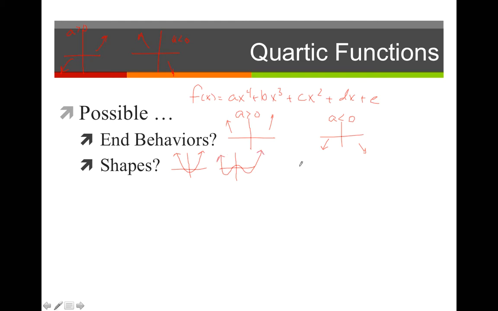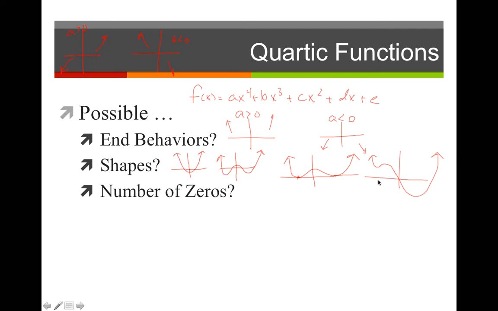We could make it look like a W. We could make it bounce off the x-axis, which is going to come in handy. But that's actually about it. There's really not much else we can do. I can make it so one is here and the other one is way down here. But quite honestly, that's about all the more interesting they get.